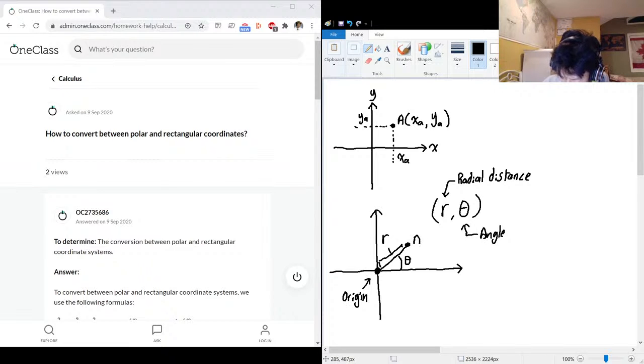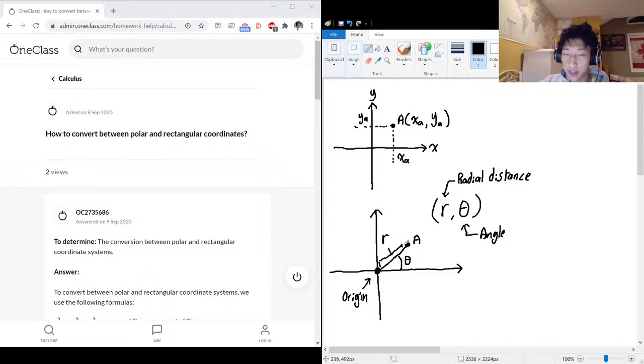Let's say that this is A. How would we find the coordinates of A? Well, if we look at the r, this is basically the hypotenuse of a right angle triangle with its two short ends, the adjacent and opposite sides, not the hypotenuse. Basically the perpendicular parts of this triangle are the x component and the y component.